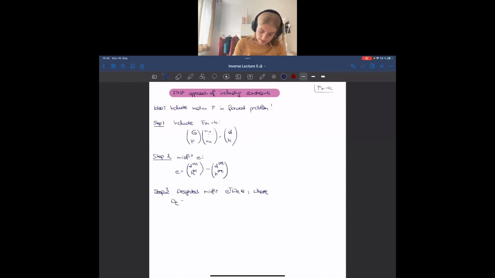So we assume it to be a diagonal matrix, and then it should have ones in the first place. And then I just call them big. We discuss in a second what that means.